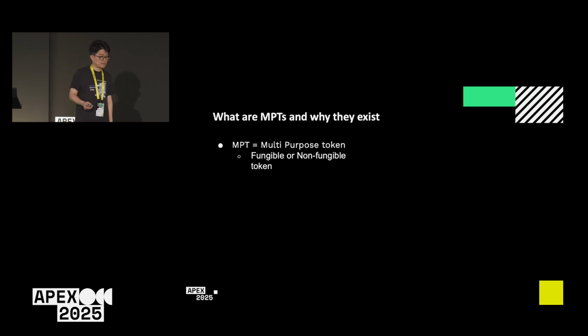A fungible token is a type of digital asset where each unit is completely interchangeable with one another. For example, if I have $1 Singapore and you have $1 Singapore, we both have something of the exact same value, right? They are completely the same.